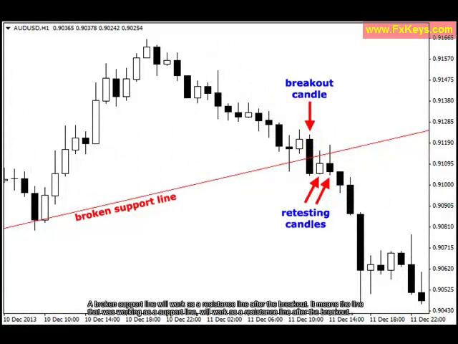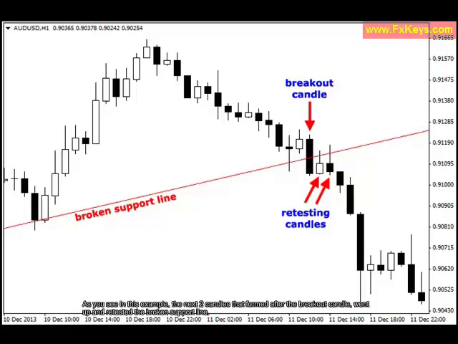A broken support line will work as a resistance line after the breakout. It means the line that was working as a support line will work as a resistance line after the breakout. Therefore, sometimes after the breakout the price goes up to retest the broken support line as a resistance.